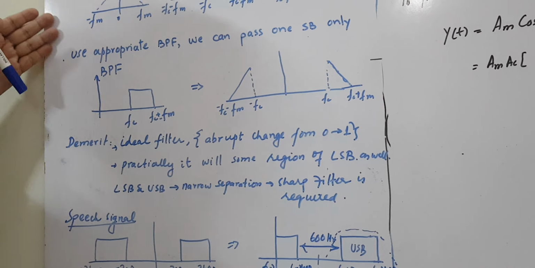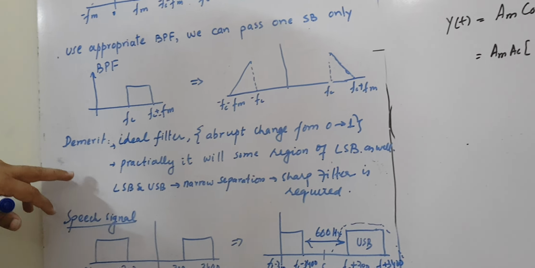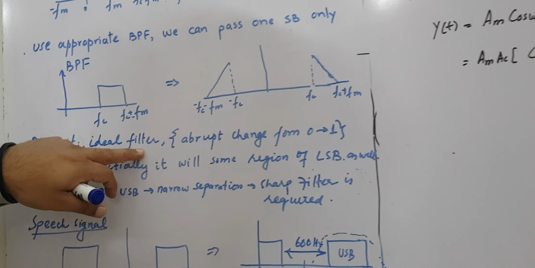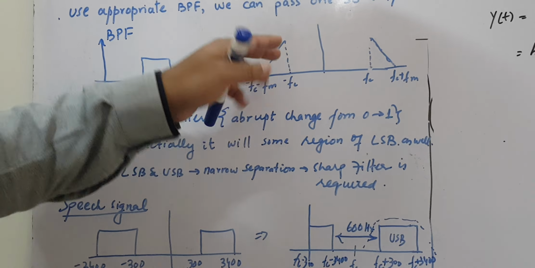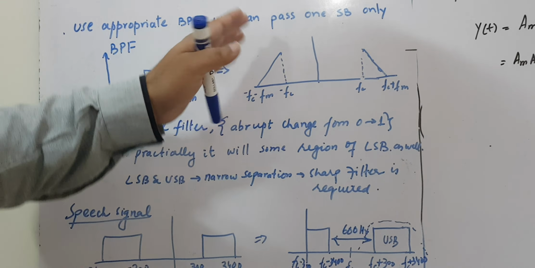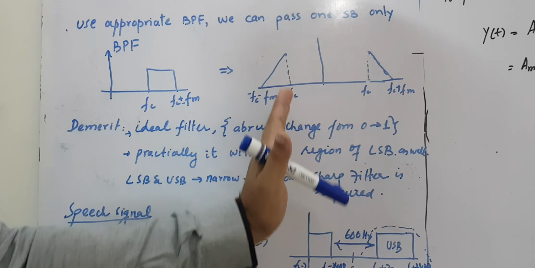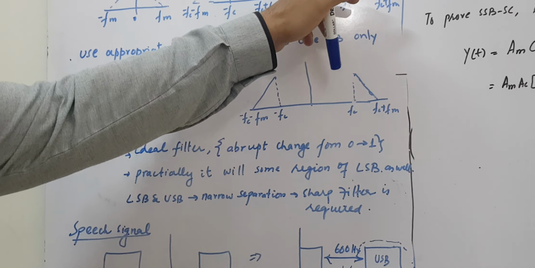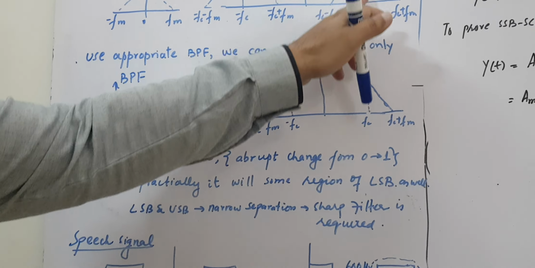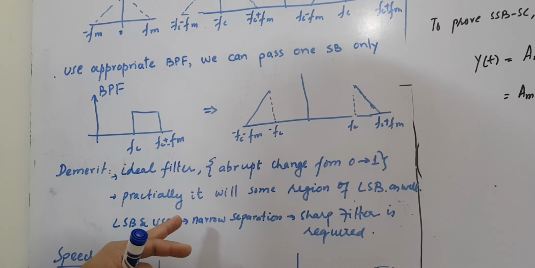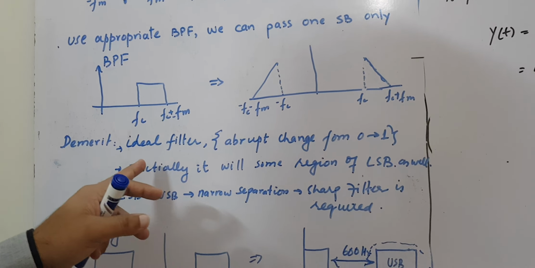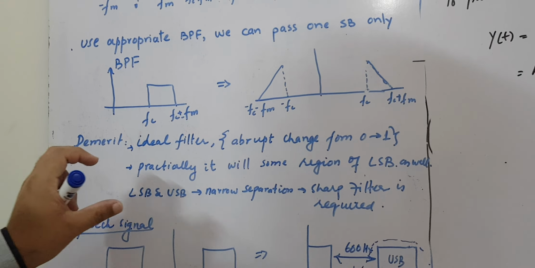This method has some disadvantages as well, like you have to generate an ideal filter. Why? Because there is an abrupt change from 0 to 1, a sharp cutoff between the upper sideband and lower sideband. That is why it is very difficult to generate such a filter practically.